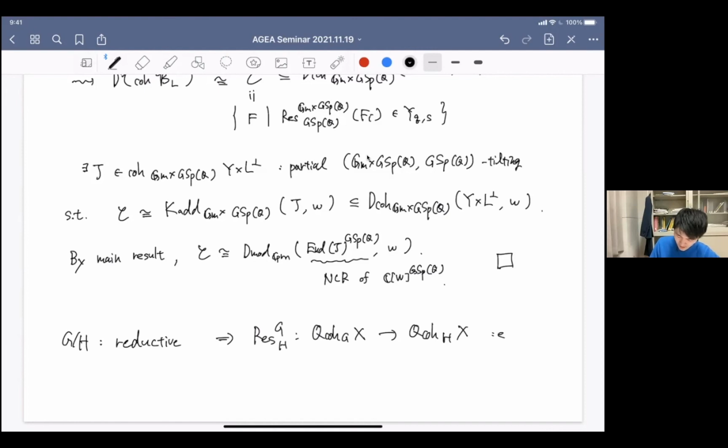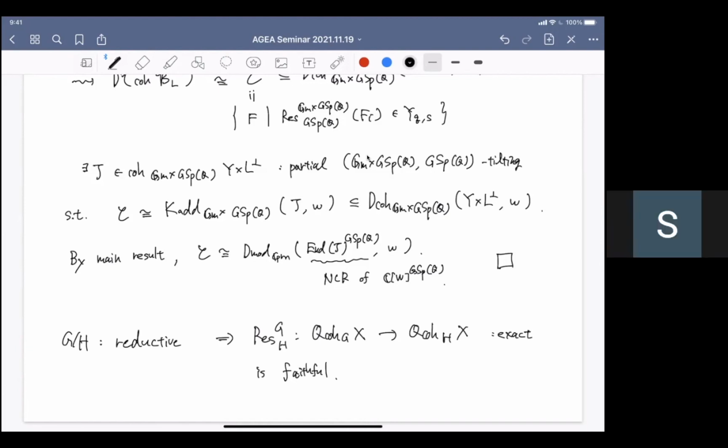This is exact. So this is a key point, I think. And also this is a faithful functor.